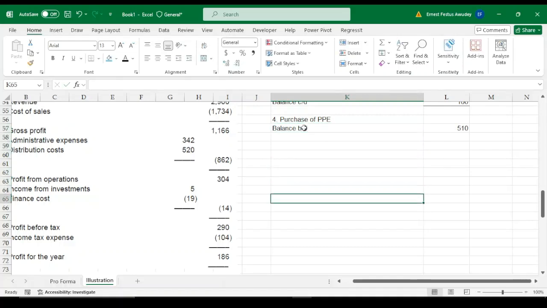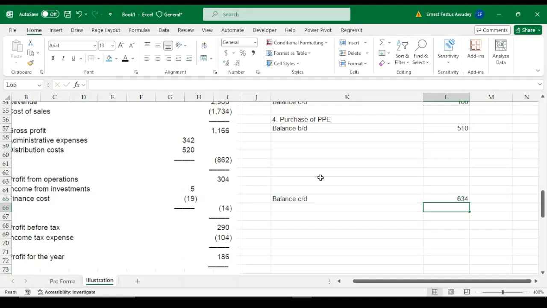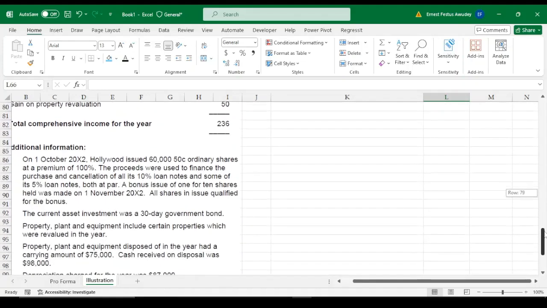Then I'll come here and do balance carried down, and that is 634. Okay, so that is how we start with it. Then what happens? In the additional information, we have been told that there has been a revaluation of assets.